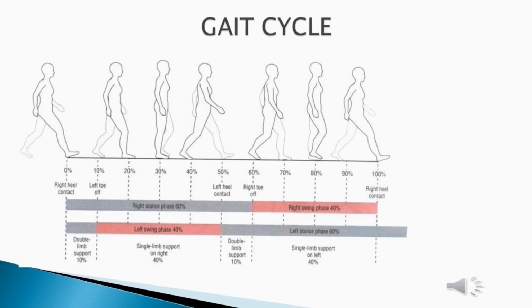It's interesting, the stance phase of gait accounts for 60% of the time of the entire gait cycle. The swing phase of gait accounts for only 40% of the time of the entire gait cycle.